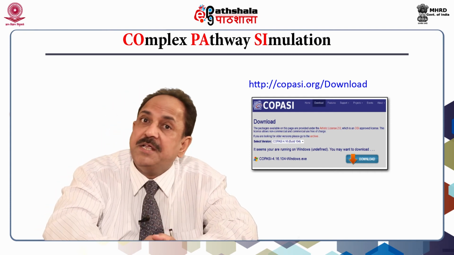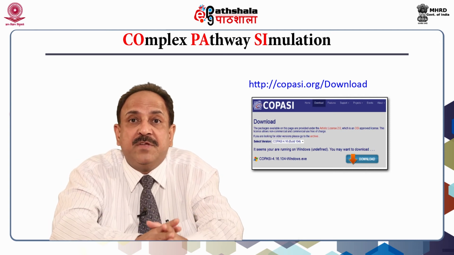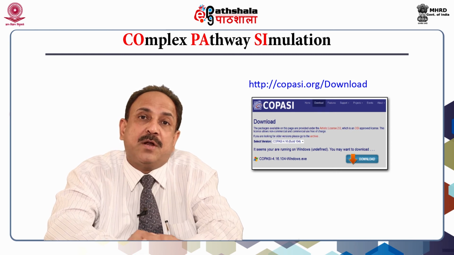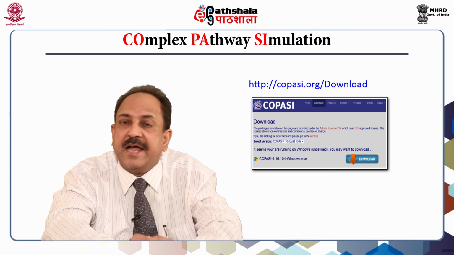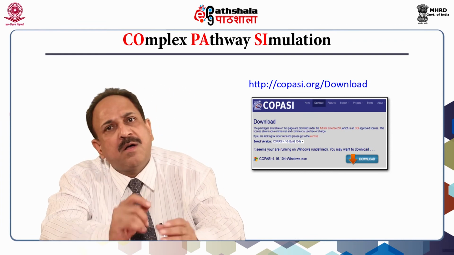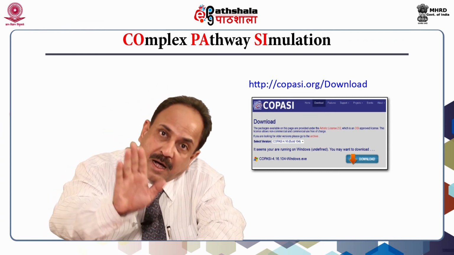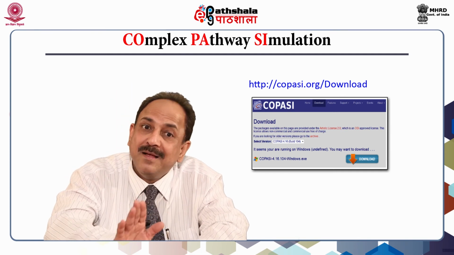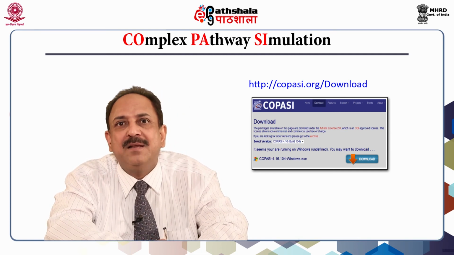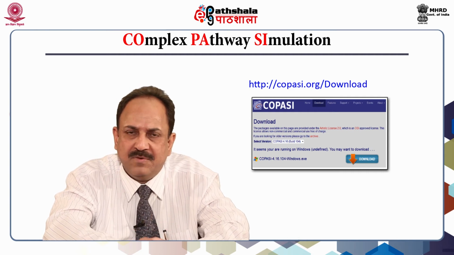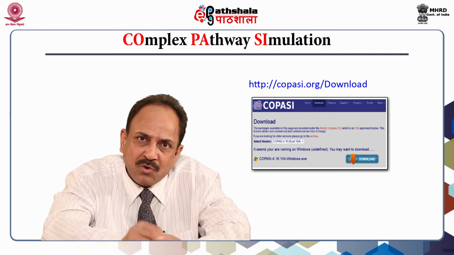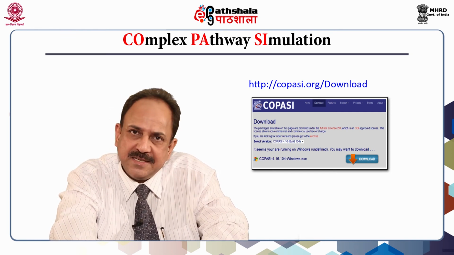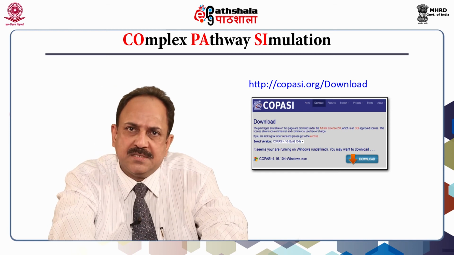Like that, 38 predefined functions involving reversible, irreversible Michaelis-Menten equations or allosteric inhibition, allosteric activation, ping pong, all these mathematical functions are predefined in COPASI. And above all, COPASI is available free of cost. One can download, install and use it for modeling biochemical processes, enzyme catalyzed reactions or complete models of the pathways.